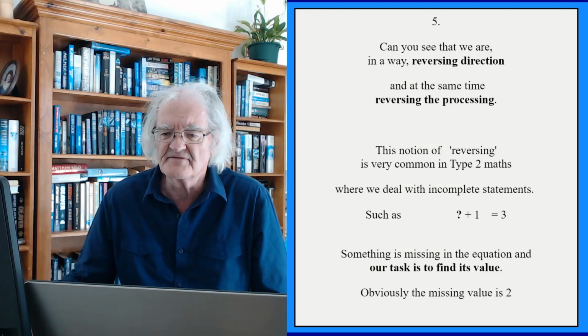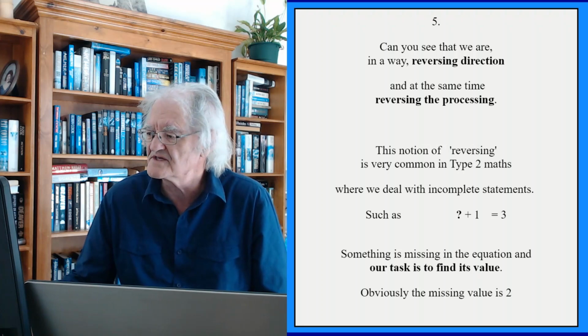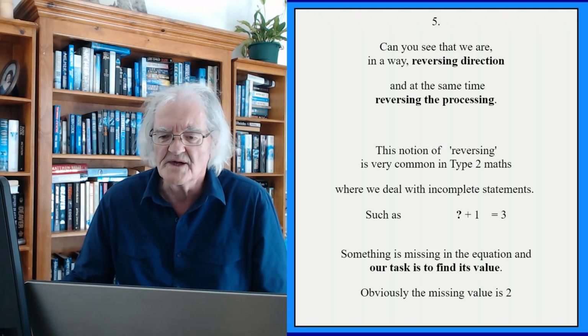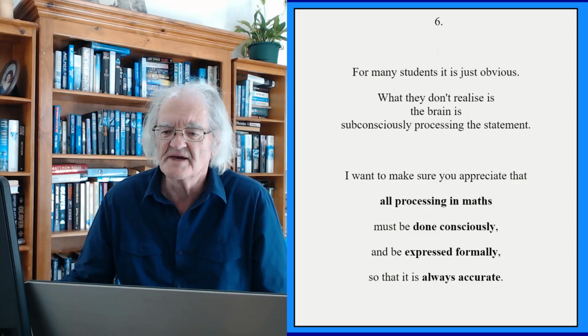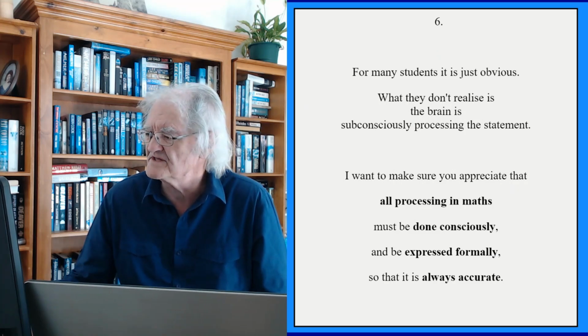This notion of reversing is very common in type 2 maths, where we deal with incomplete statements such as a missing value plus 1 gives 3. So something is missing in the equation and our task is to find its value. Now obviously the missing value is 2. For many students it is just obvious.